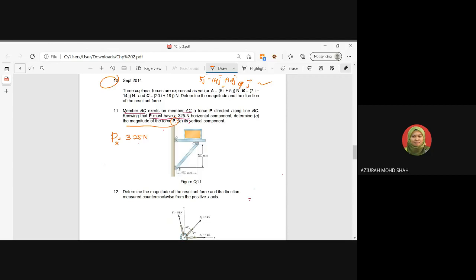But now, mana kita nak tengok arrow dia ni? Mana force P ni? So you read back the question. It is stated that member BC exits on member AC. Apa maksud statement ini? Member BC, apa maksud the definition of the word exit ni?